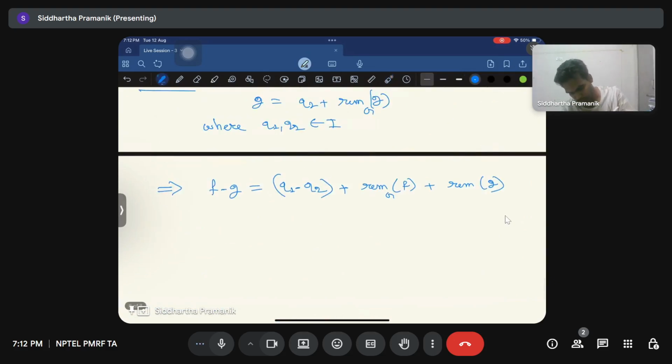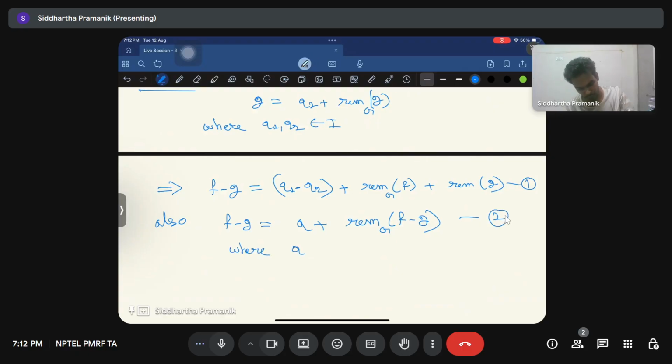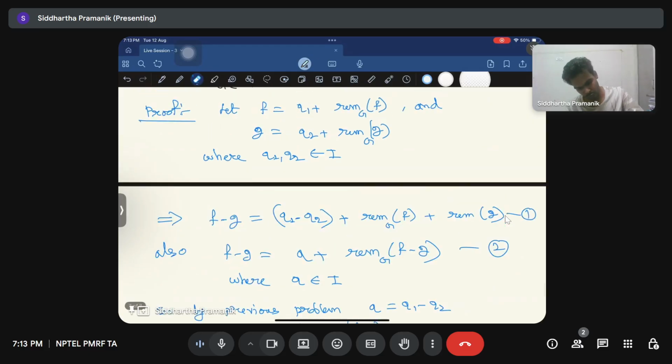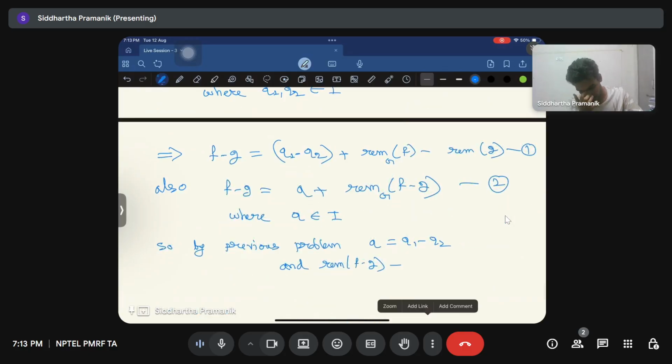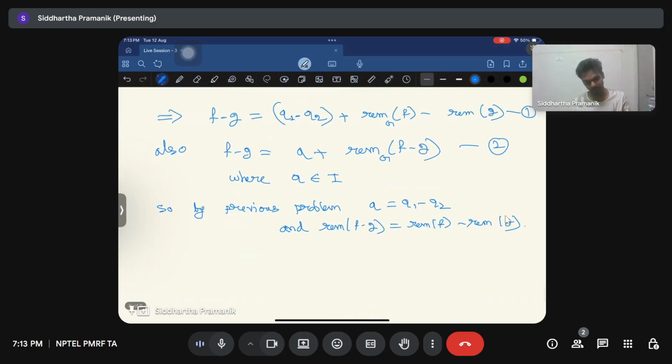And also f minus g can be written as some q plus the remainder of f minus g, where this q must be in I. So by the previous problem, this q has to be q1 minus q2, and the remainder of f minus g, okay, this should be minus, equals the remainder of f minus the remainder of g, by the uniqueness. Actually, by previous problem means part B.